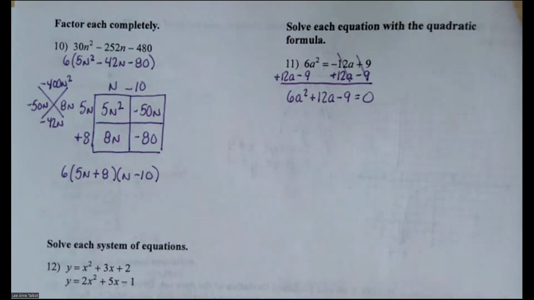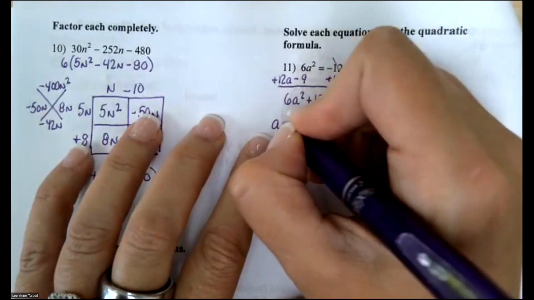Here's my question. Do you want me to divide by 3 or do you want to just wing it as it goes? Like if you're taking the test, would you just go A equals, B equals, C equals and wing it as it goes? You would? Okay, let's just do it.